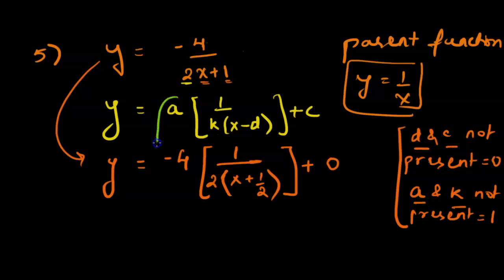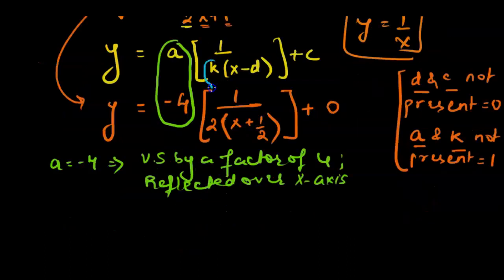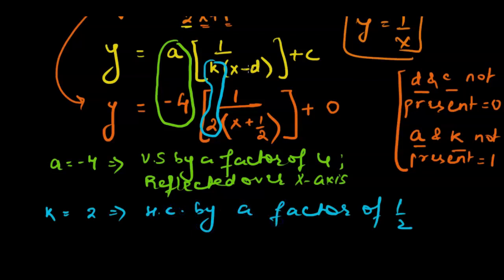Now we determine that the a value is -4. If a is -4, the graph is going to be vertically stretched by a factor of 4 and reflected over the x-axis. Next we match k as 2. So if k is 2, the graph is horizontally compressed by a factor of 1/2. Then we see d again does not match the signs. So if the signs are not matching for d, we just take the opposite sign.